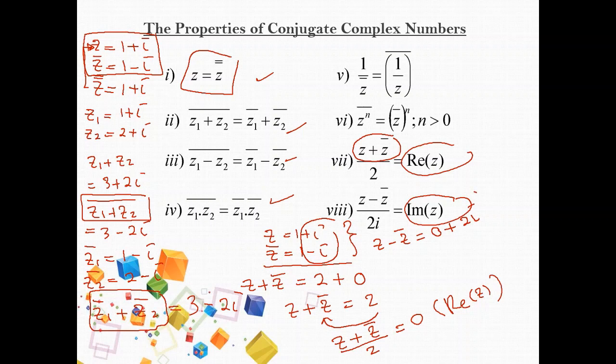We have 0 for real, but we have only imaginary. If we bring this 2i to the other side, z minus z bar equals 2i. So z minus z bar divided by 2i leaves us with only the imaginary part.